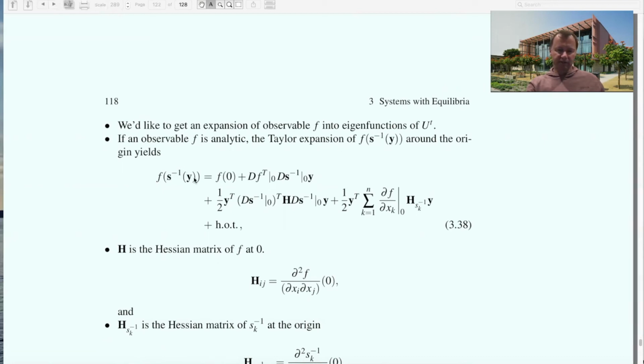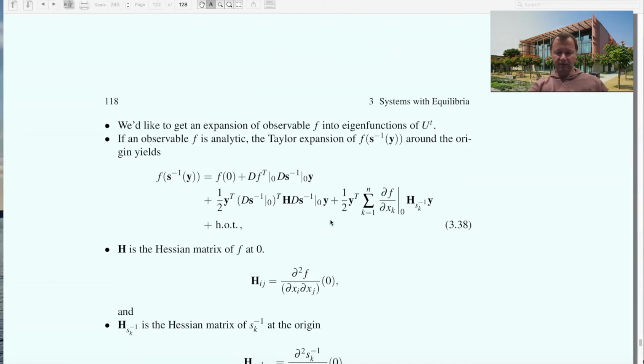So f of S inverse of y is f of 0, if the equilibrium is at y equal to 0, or equivalently at x equal to 0 for the linear and nonlinear version of this system. And then we have the differential of f acting on dS inverse. This is just chain rule differentiation, multiplying y. So everything here is evaluated at 0, at the equilibrium.